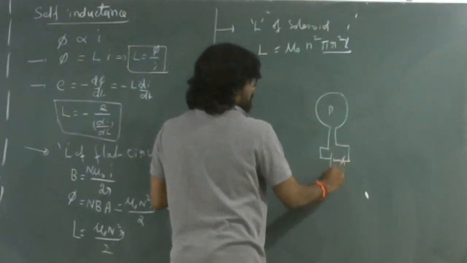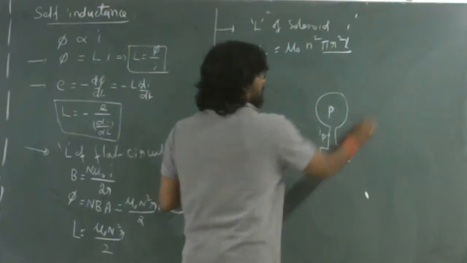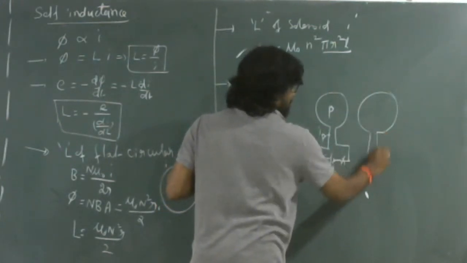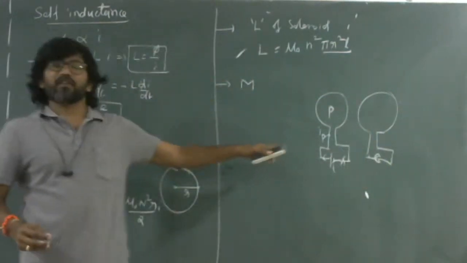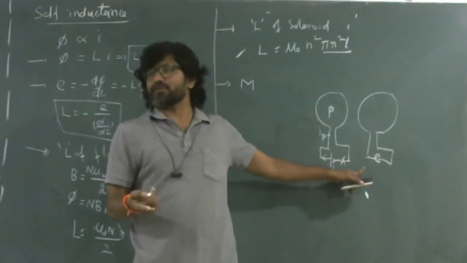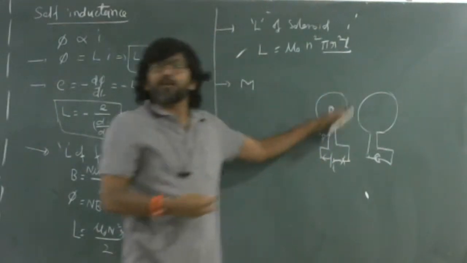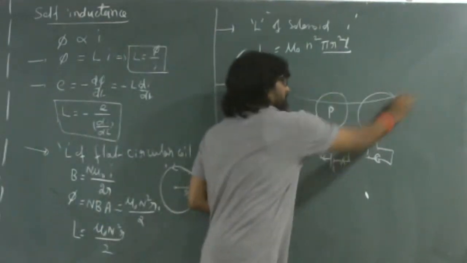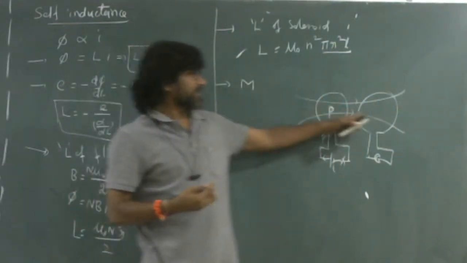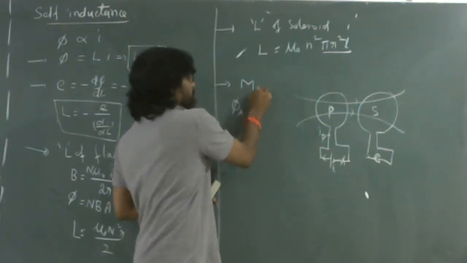If it is closed and the current I flows in the primary coil, and you have another secondary coil connected to a galvanometer, you can observe that a deflection is showing, meaning EMF and hence current is induced in it. Due to the current in the primary, it produces magnetic field and hence magnetic flux links with the secondary coil.